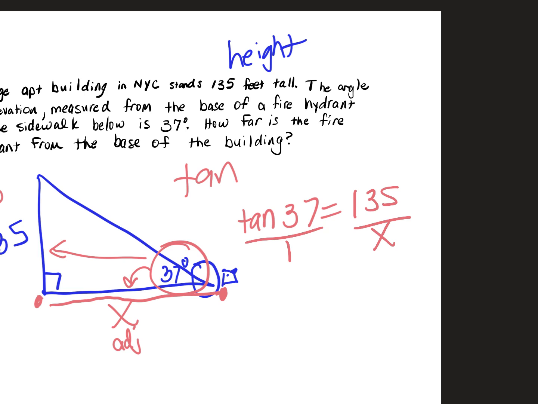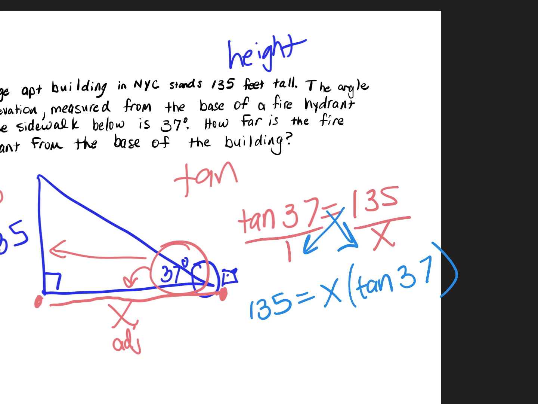Again, I'm going to solve it the same exact way. I'm going to say 1 times 135 is 135 equals x times the tangent of 37. Now, there's no reason to evaluate the tangent of 37 right now in your calculator. Just leave it like that because it's an irrational decimal that you don't need to start rounding at this point.